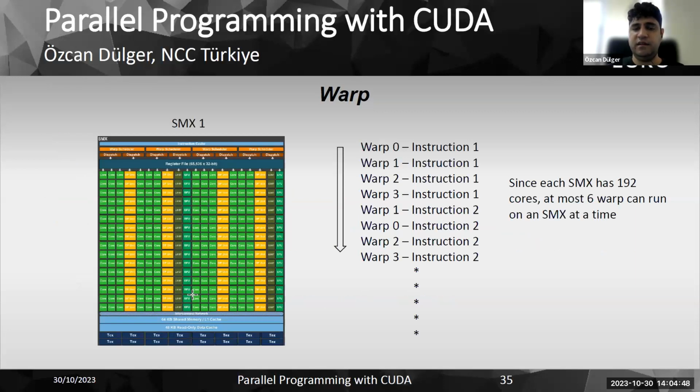Since a streaming multiprocessor has 192 cores, at most 6 warps can run on a streaming multiprocessor at a time. We can run 6 warps in parallel in essence, and the other warps wait for a warp to complete its job.